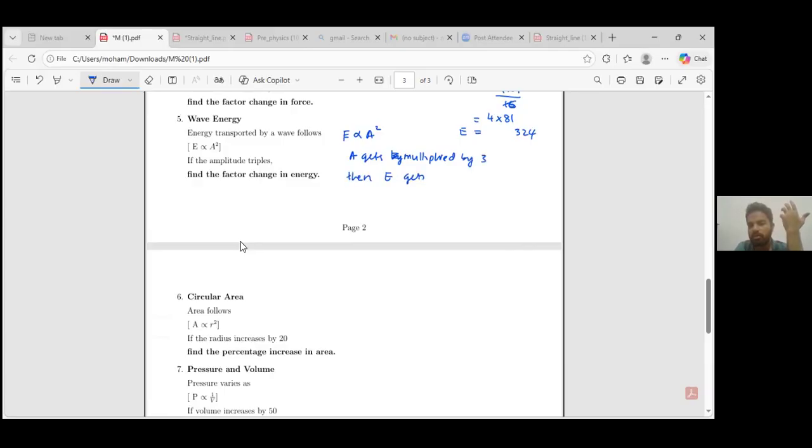Now this is direct proportionality. So E also gets multiplied by not 3, but the square of 3, which is 9. So E increases by 9 times. So E increases by a factor of 9, right? That's right.